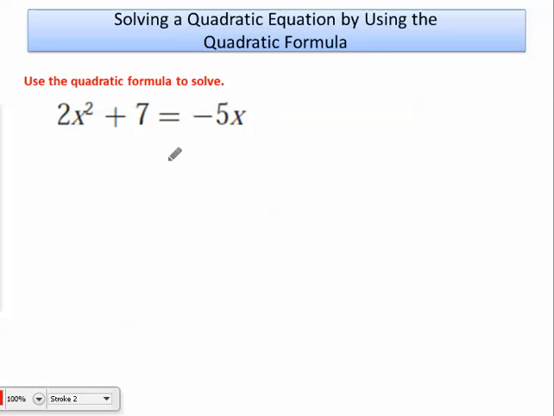Let's use this one with the quadratic formula. So the first thing I've got to do is get it into standard form. So 2x squared plus 5x plus 7 equals 0. Standard form. A equals 2. B equals 5. C equals 7.